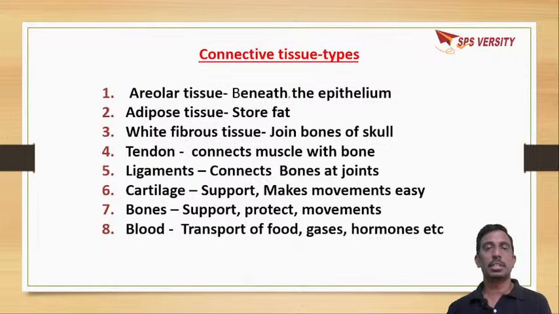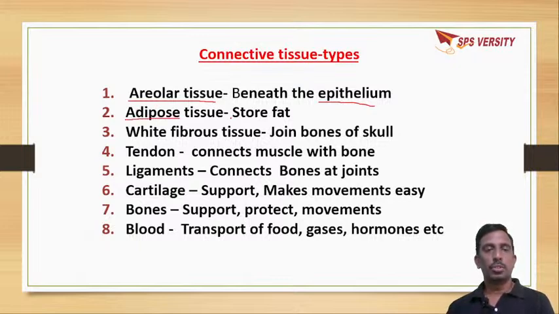Now we will discuss connective tissues. Connective tissues means which connect various organs in a body, like bone, blood. These all will come under connective tissues. इसमें बहुत सारे types like areolar tissue, which is present beneath the epithelium.